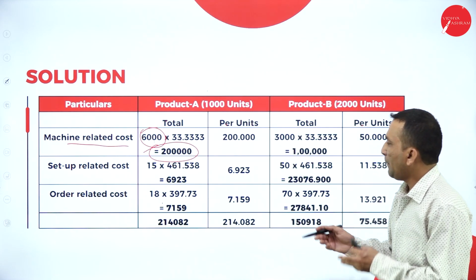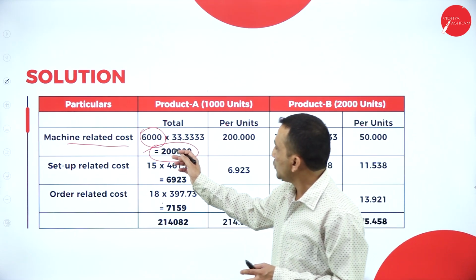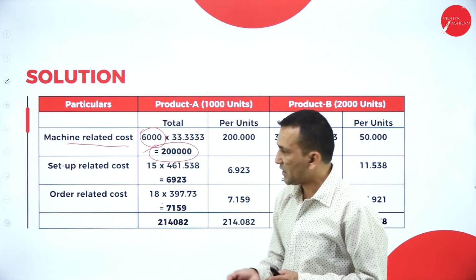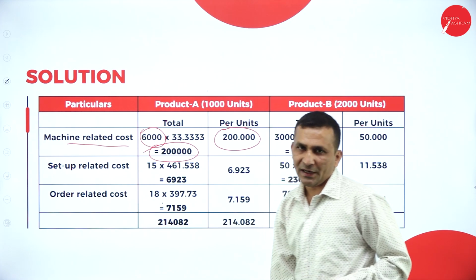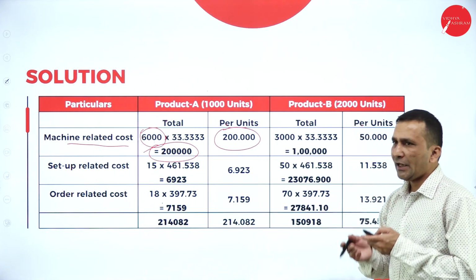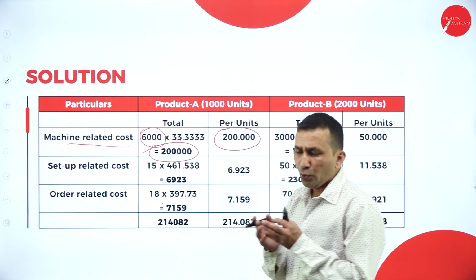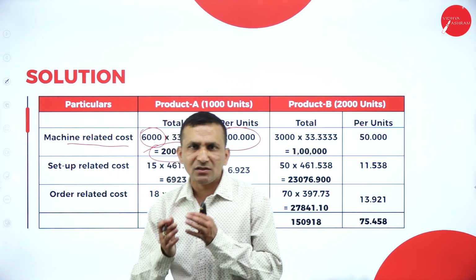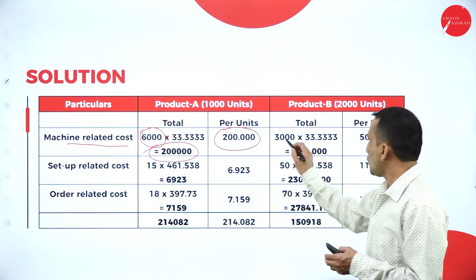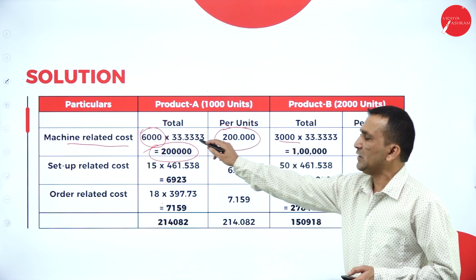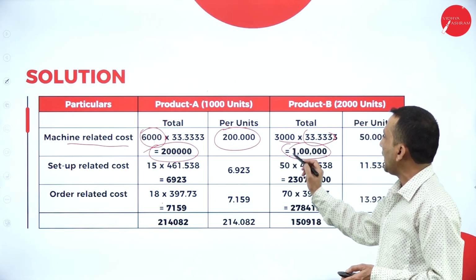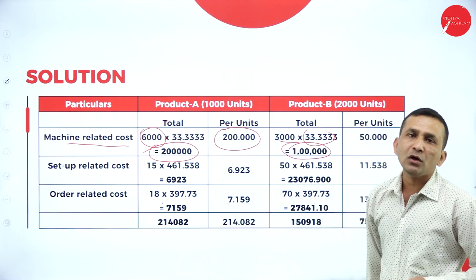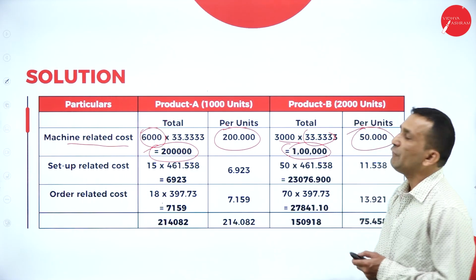Per unit, 2 lakhs divided by 1000 units gives a machine related cost of 200. For product B, 2000 units are produced at a machine rate of 1.5, so 3000 hours times the 33.333 we calculated in the previous slide gives 1 lakh. Dividing 1 lakh by 2000, we get 50 per unit.